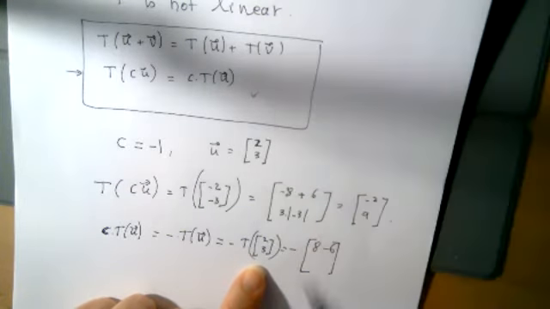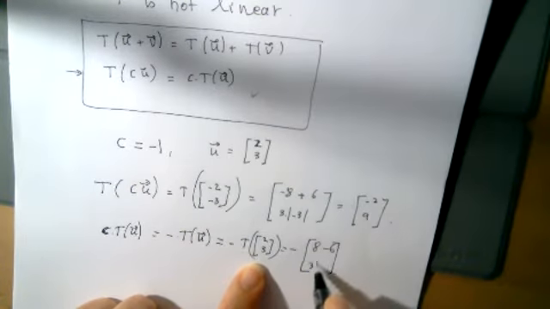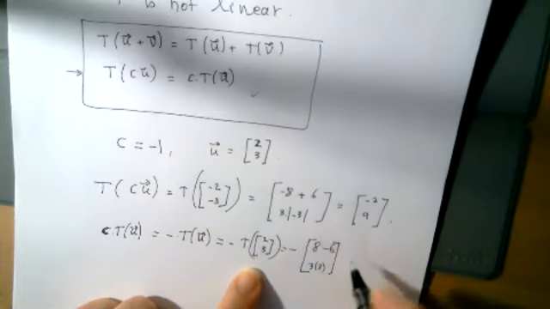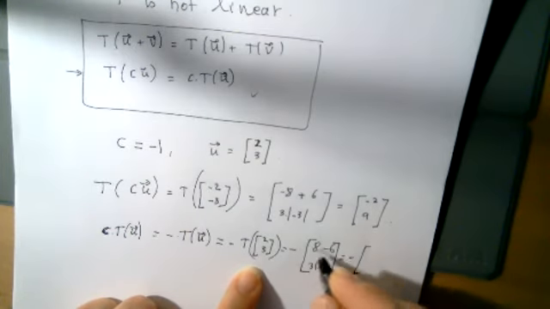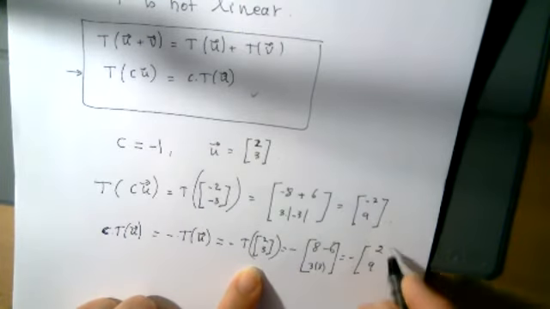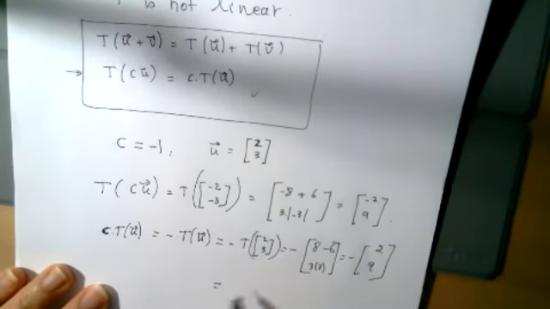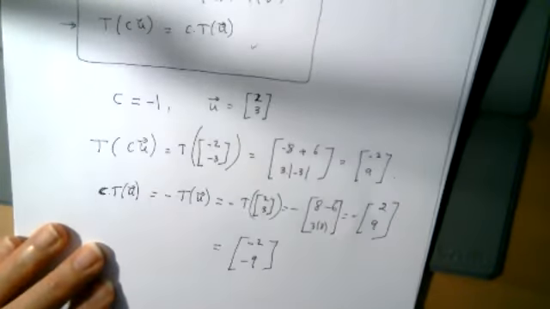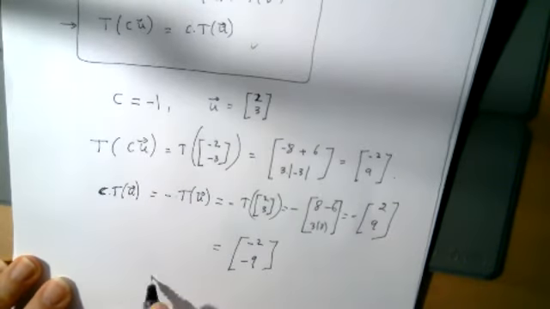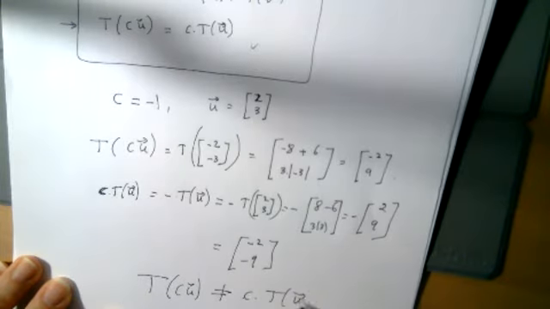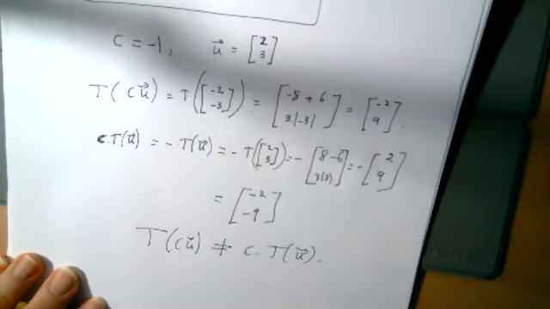What about the second entry of the image? It's 3 times 3, which is 9. So this is going to give me minus the vector 2, 9, which is going to give me minus 2, minus 9. And of course, T of cu, which is T of minus u, is definitely different than c of T(u). Linearity is failing. All right? Questions?